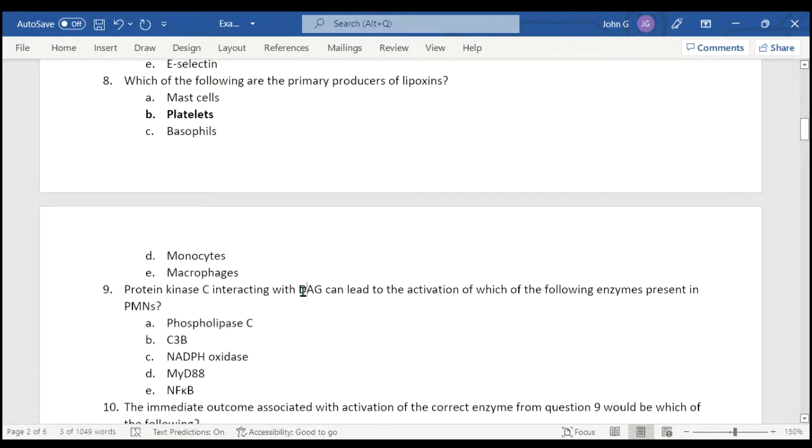So it wouldn't make sense if DAG activated phospholipase C, because phospholipase C is the only way that you can even get DAG in the first place. So the only answer that really makes sense here is NADPH oxidase. It's the only enzyme that could possibly come after DAG. In my opinion, there wasn't a correct answer in this one, but that would be the best answer if I had to pick one.